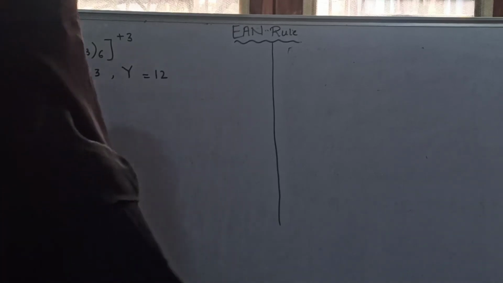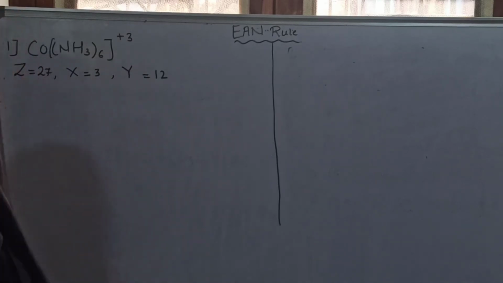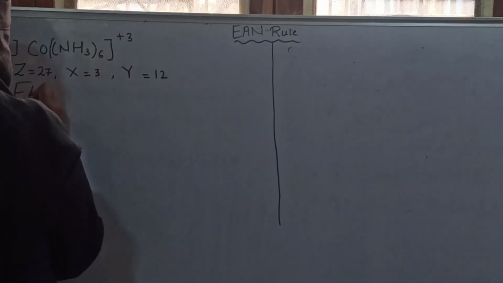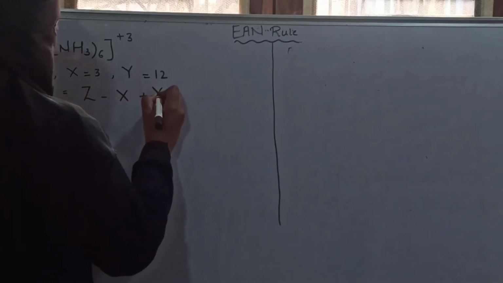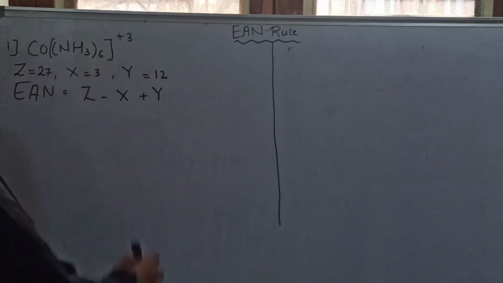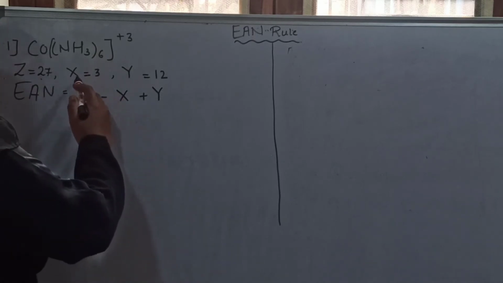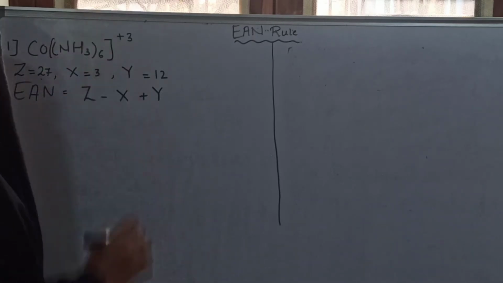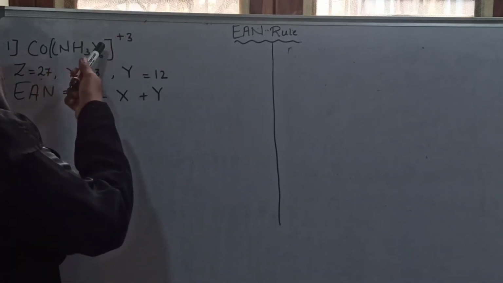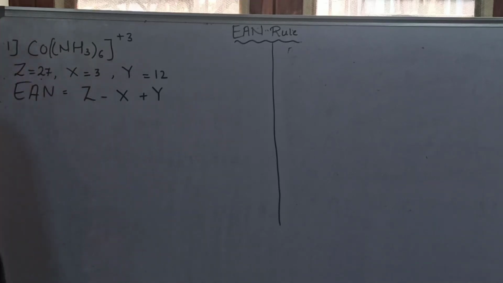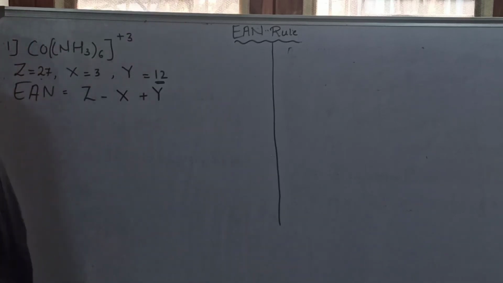Now see, the first problem is Co(NH3)6 3+. Here again we follow the formula EAN is equal to Z minus X plus Y. The atomic number of cobalt is 27. X, that is the oxidation state of Co, is 3. And the total number of electrons donated by the ligands is 6 into 2 is equal to 12, that is Y is equal to 12.